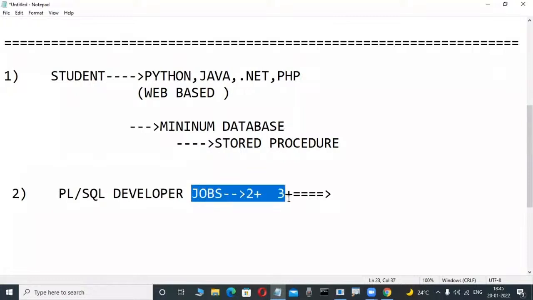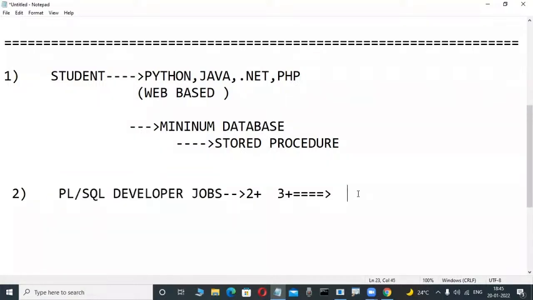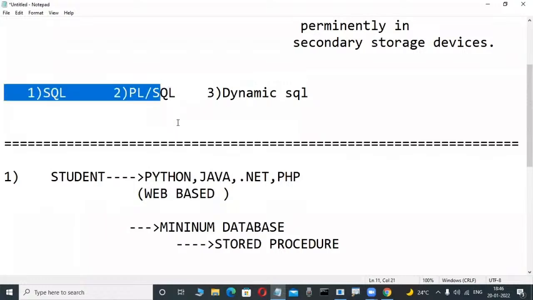These persons who are struggling in job searching learn PLSQL thoroughly from me, especially the concepts asked in interviews. I am teaching in-depth knowledge only. Those persons apply for PLSQL developer jobs too. So many fellows learn this course because in this course we learn SQL and also PLSQL.